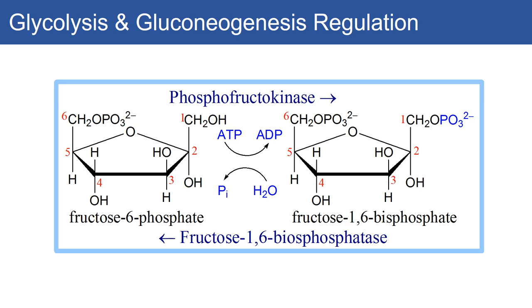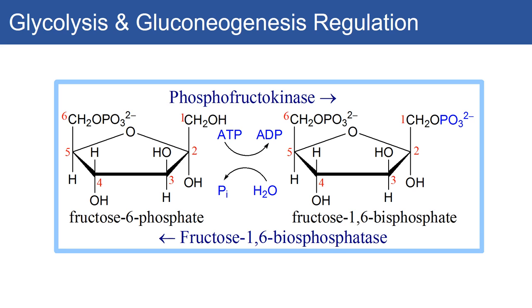One's inhibited by AMP, the fructose 1,6 bisphosphatase, where the other one is stimulated by AMP, the phosphofructokinase. So they have opposite effects with adenine nucleotides.